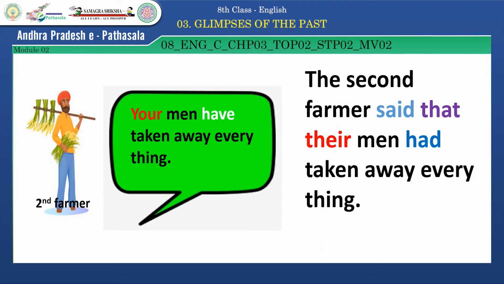And then as it is an assertive sentence, we have to use the conjunction that. So the second farmer said that. Again here, your men changed into their men. And the present perfect tense have taken away is changed into past perfect tense, that is had taken away everything. So we can say the second farmer said that their men had taken away everything.